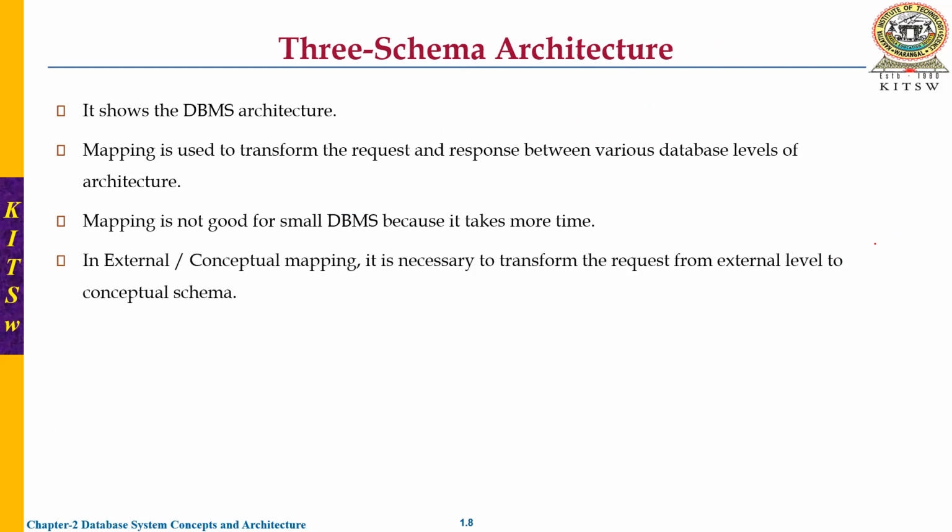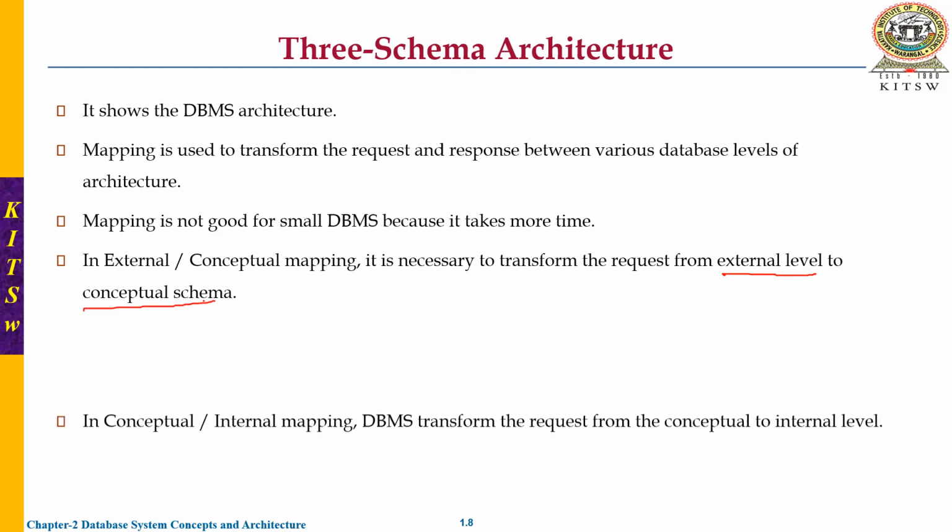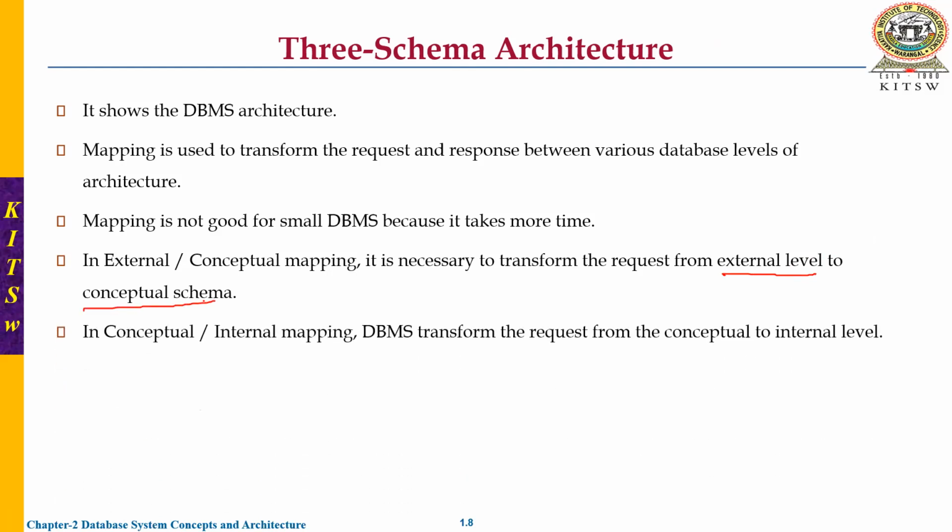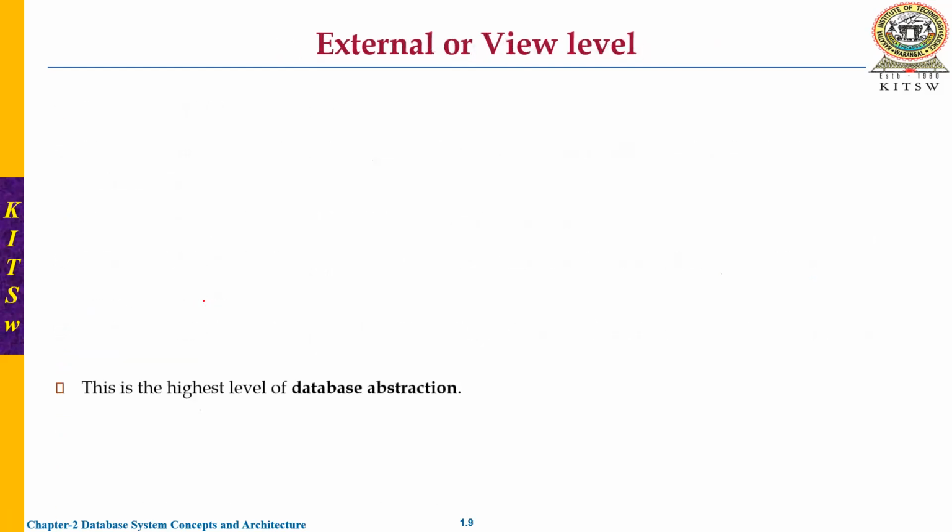In external or conceptual mapping, it is necessary to transfer the request from the external level to the conceptual schema. And in conceptual or internal mapping, the DBMS transforms the request from the conceptual level to the internal level.